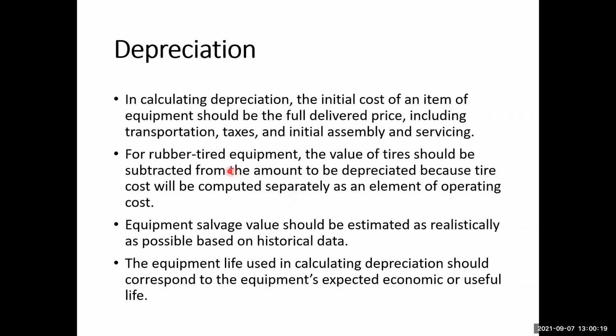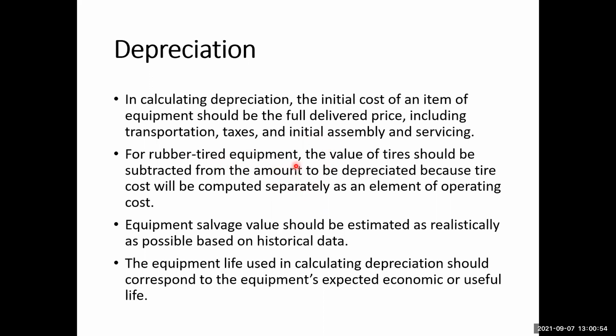One thing which is special for construction equipment is that most of it, such as trucks or cranes, is mounted on wheels, and these wheels may have tires as well. The cost of tires may be quite significant, but it is separated out from the depreciation. The tires are considered as separate items.